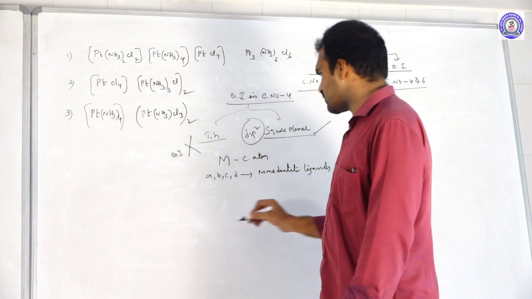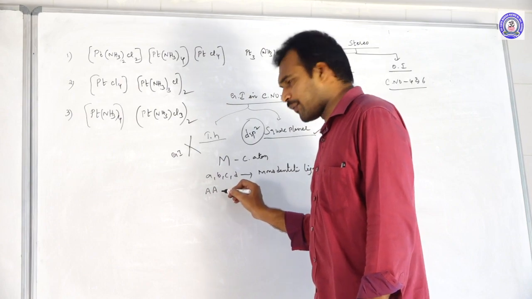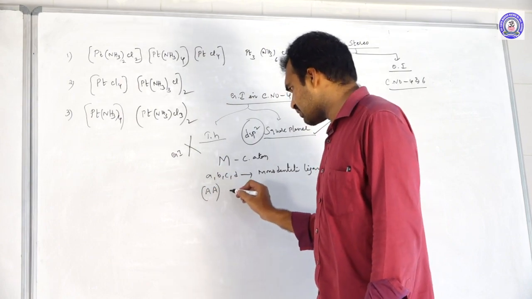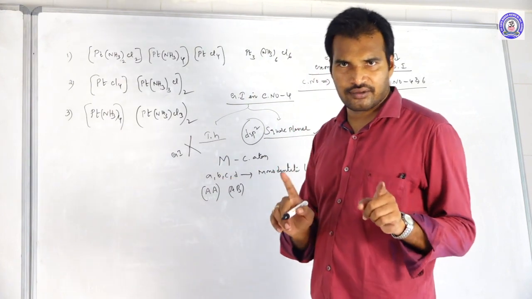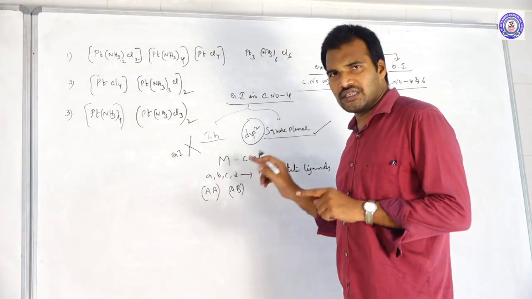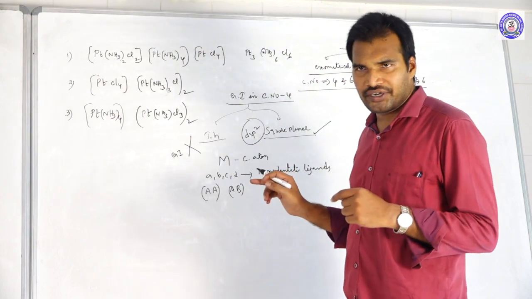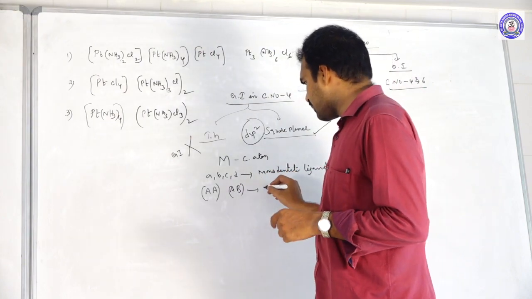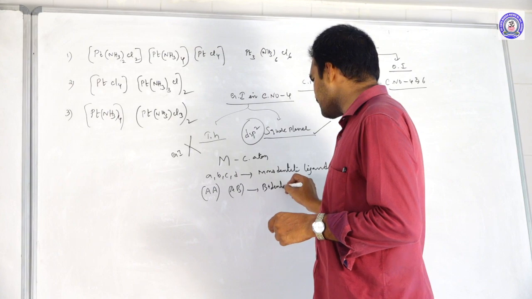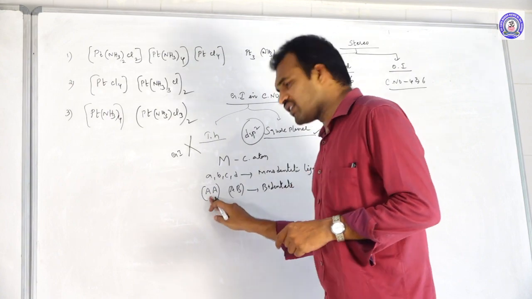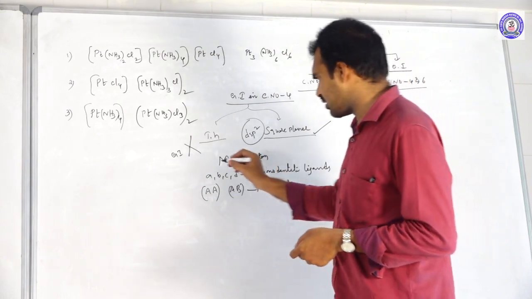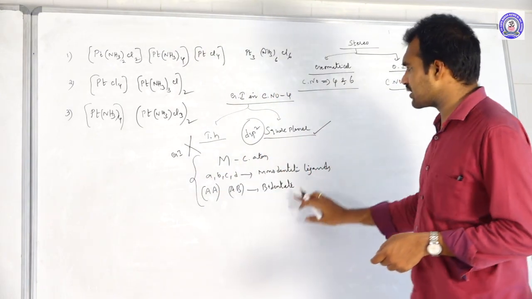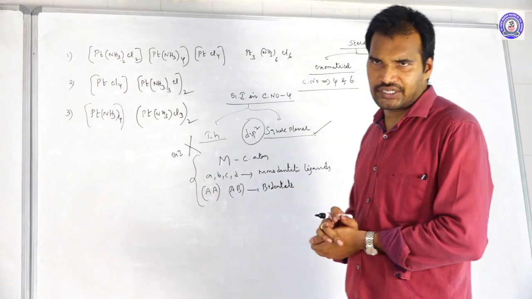Capital A means symmetrical ligands and AB means unsymmetrical ligands. AA means symmetrical bidentate, AB means unsymmetrical bidentate. This is common, and in optical isomerism also I am using the same representation.